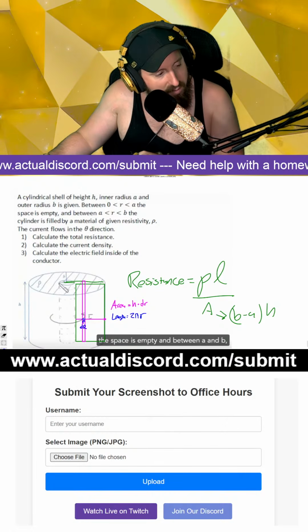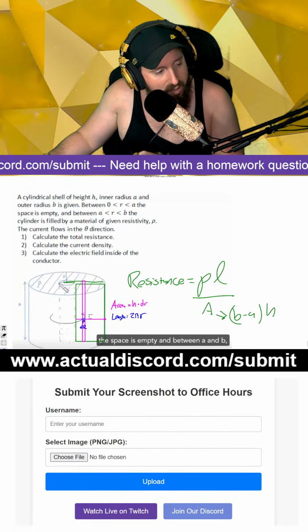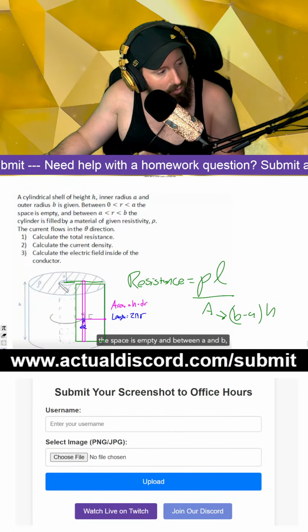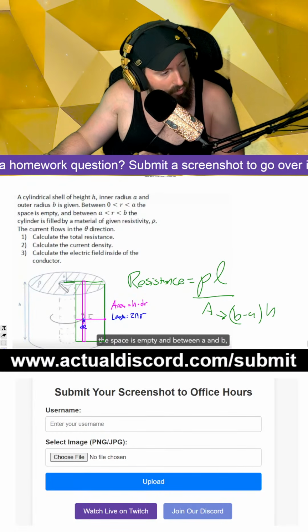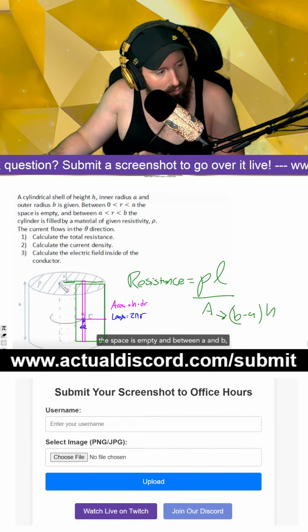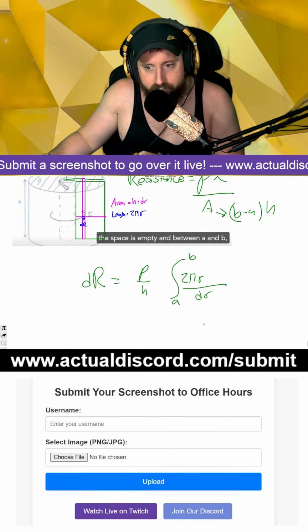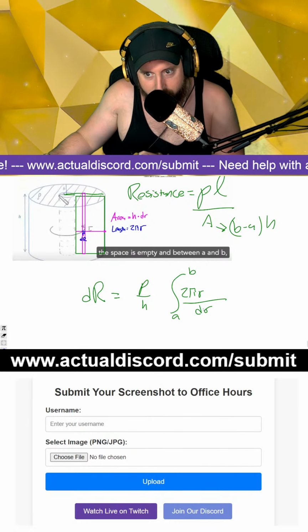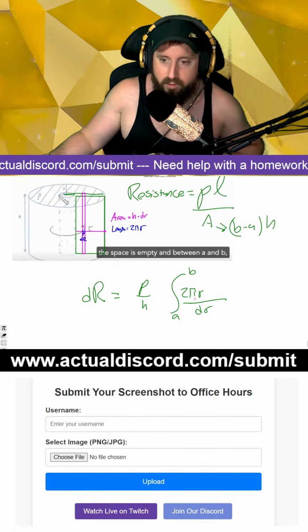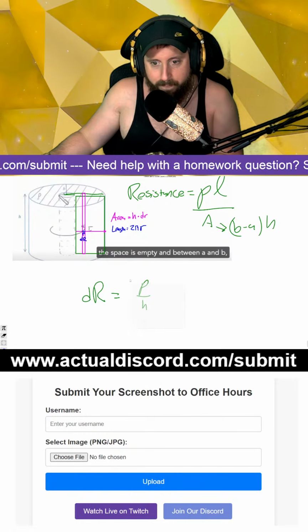ln of b minus b over a. Yeah, I agree with that. But what's delta theta? Maybe let's do it this way.